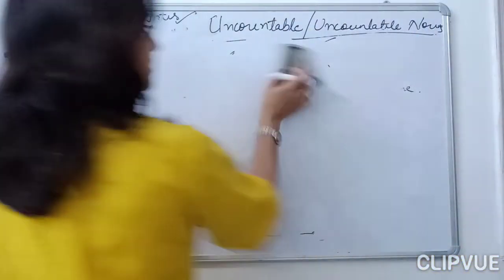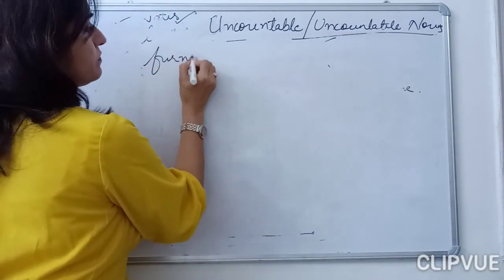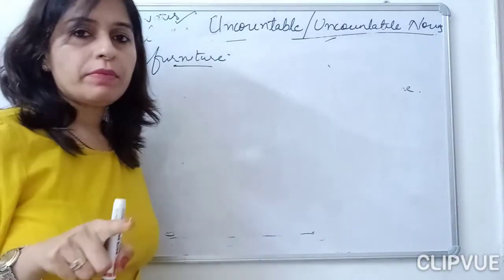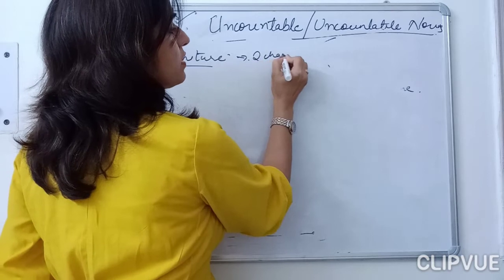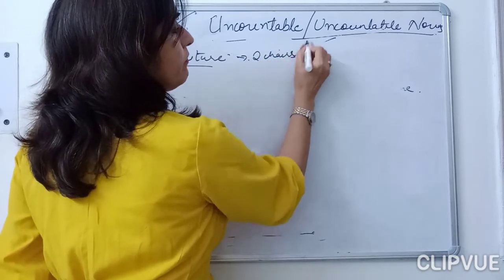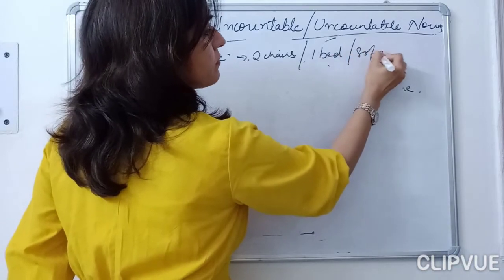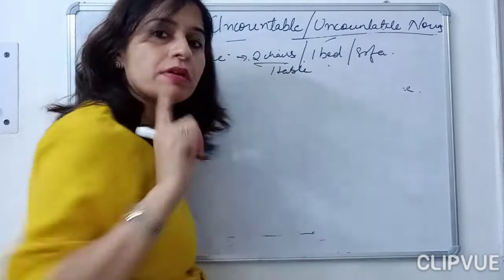Now there are some others, children, like furniture. Furniture is an uncountable noun. But when I say I have brought 2 chairs, 1 bed, 1 sofa, 1 table, then it becomes my countable noun.